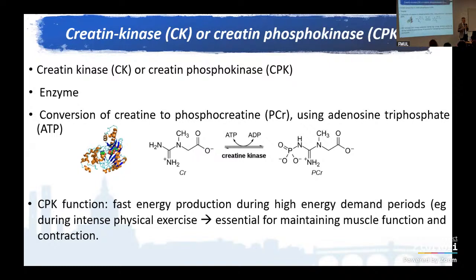It is used to convert creatine to phosphocreatine, allowing the production of energy for muscle. This is very important for our muscle activity, in particular during high energy demand periods. So when we are running a lot, we are using a lot of CPK.